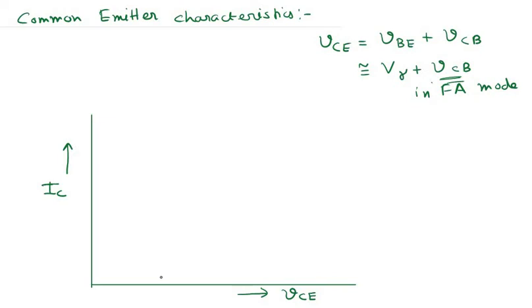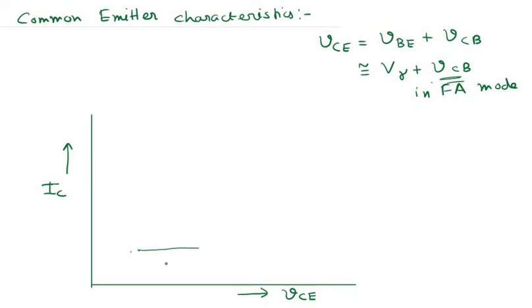So for sufficiently large values of VCE, VCB is positive, and so the base to collector junction is reverse biased. The transistor would operate in forward active mode and the collector current would not vary with VCE.